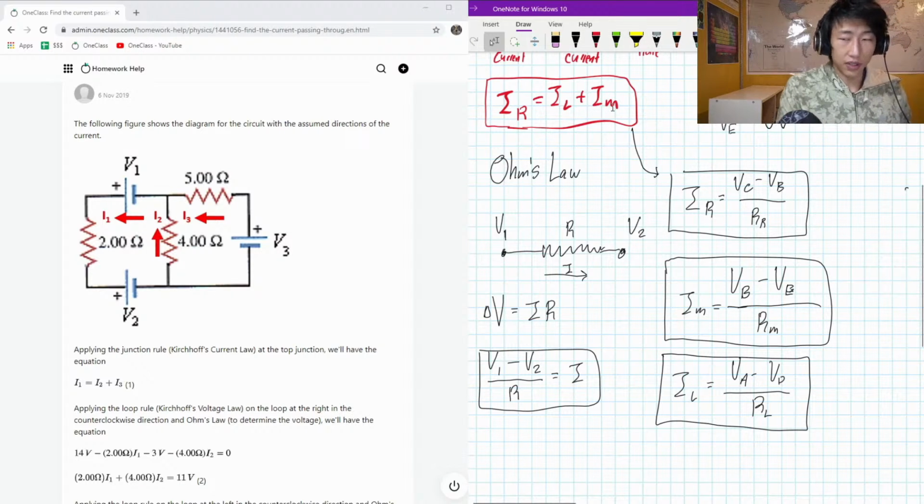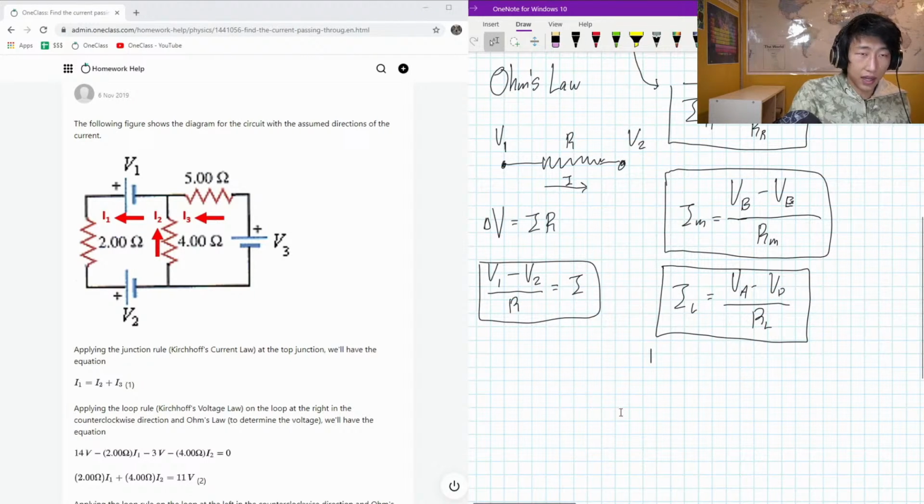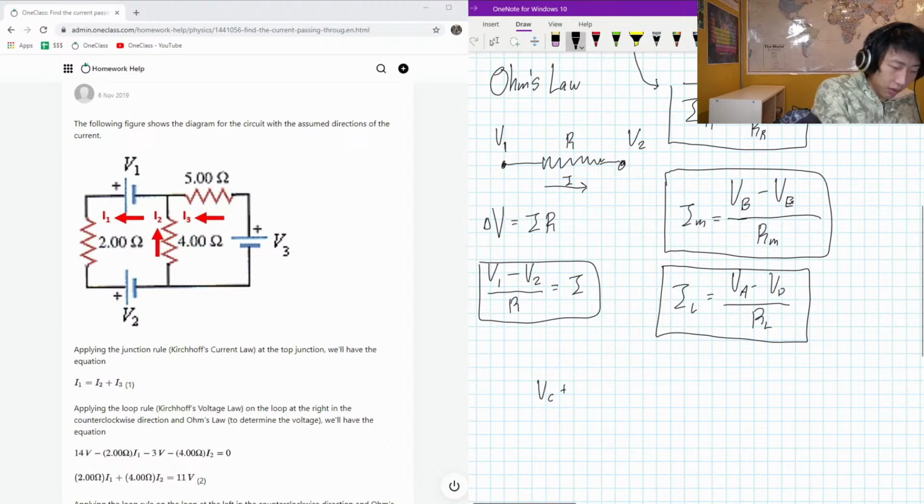Now, using all of these equations along with that current junction law equation that we started with, we can assemble all of these together and get a nice equation. So IR is going to be on the left side: VC, whoops, not plus, it's going to be minus VB, over RR, is equal to the other two added together.